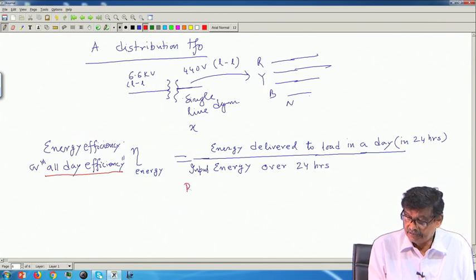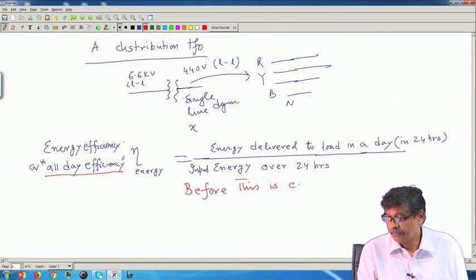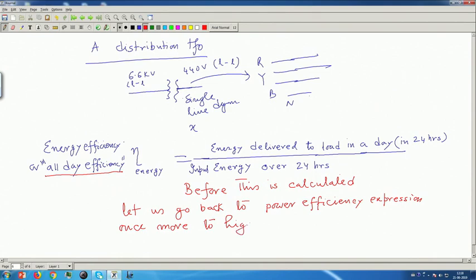Before I discuss this topic, before this is calculated, let us go back to power efficiency expression once more to highlight another point, another interesting point.